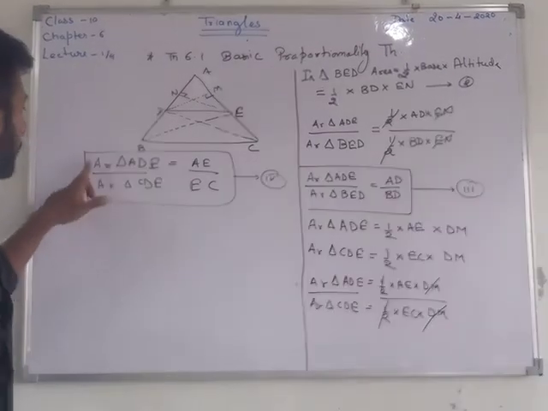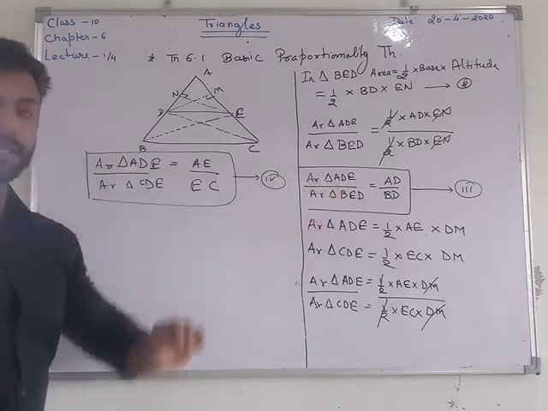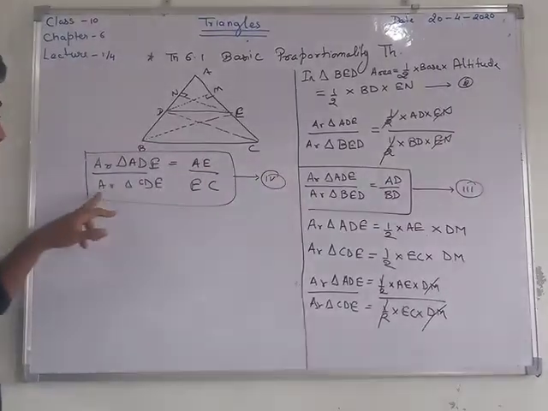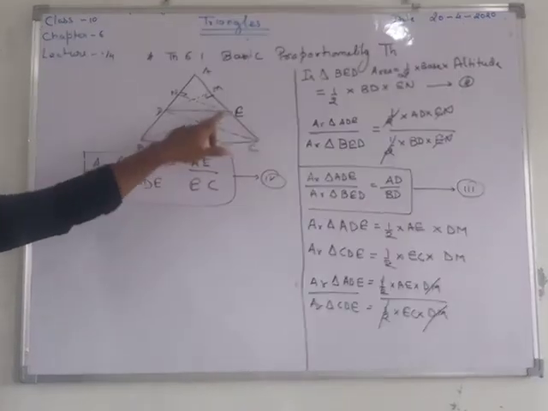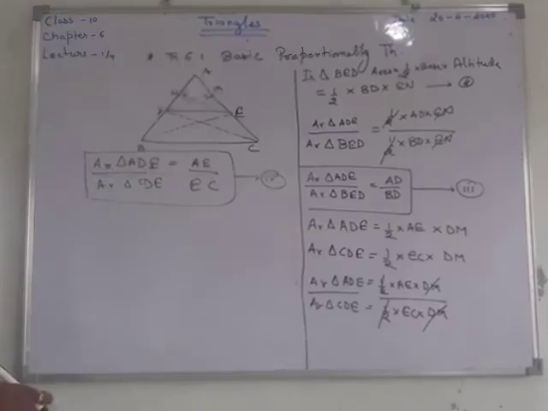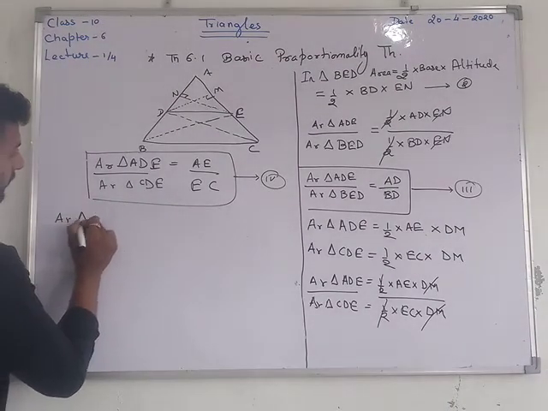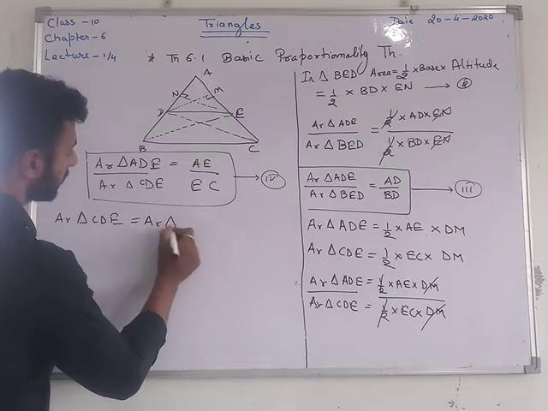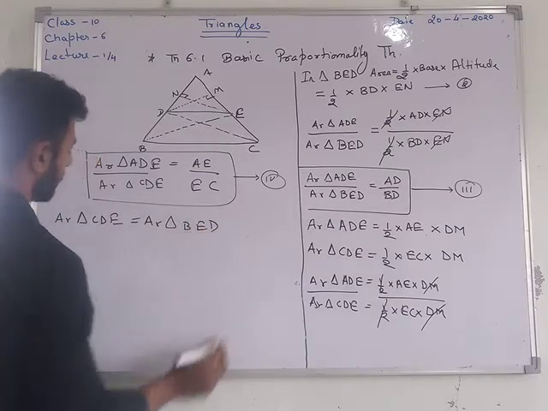Now see here, area of triangle ADE and area of triangle ADE are the same, meaning the numerator is the same. Now area of triangle CDE and triangle BED, these two triangles: area of triangle CDE is equal to area of triangle BED.